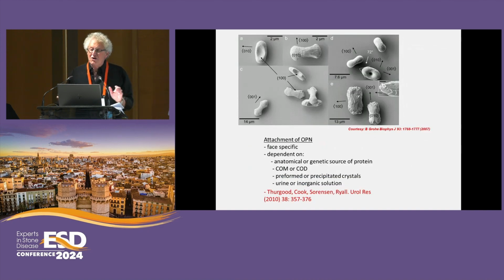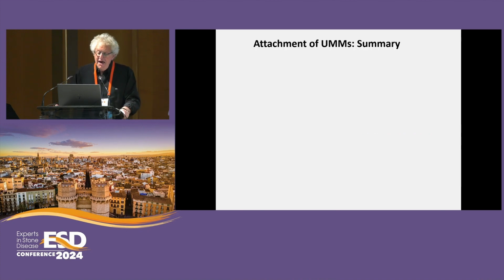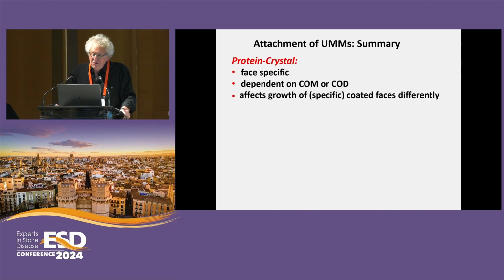Here are micrographs of actual crystals with the faces labeled, and it's the same sort of issues and problems with osteopontin. So I won't go through them, but if we summarize the attachment of urinary macromolecules between the protein and the crystal, remember you want to coat the crystal, it's face specific, it depends on whether you're using the monohydrate or the dihydrate, and it affects growth of specific faces differently.